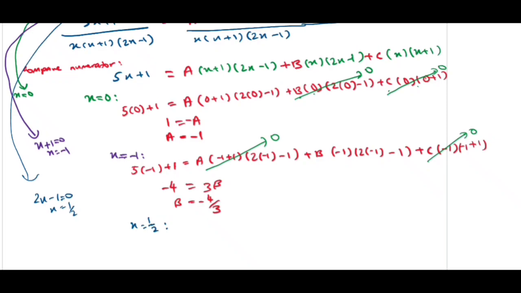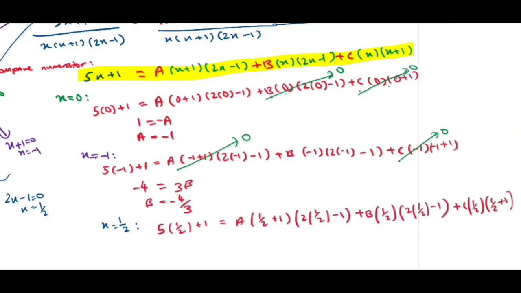Remember, where did we have to look to substitute the values? We have to look at the comparing numerator step here, highlighted in yellow. Always refer to that to substitute x.